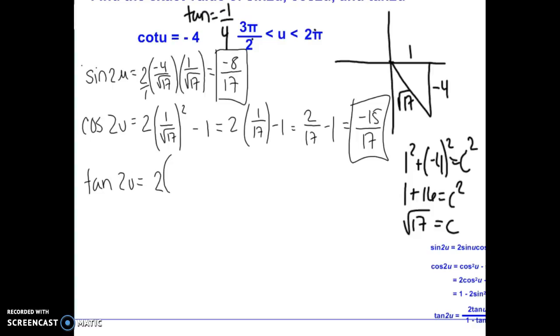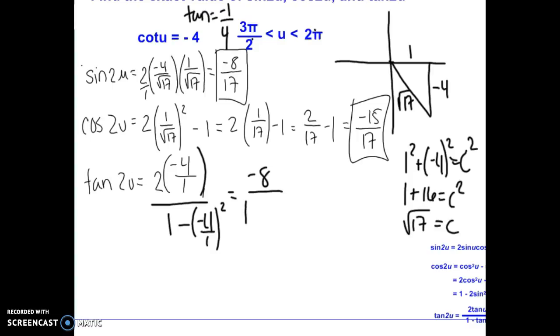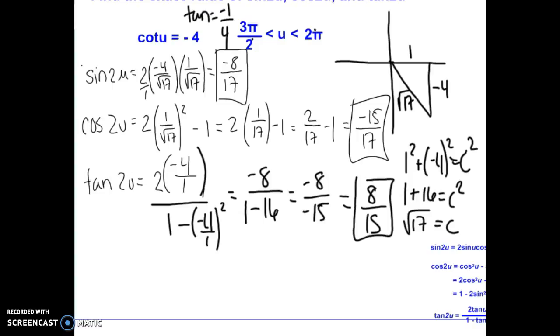The tangent is opposite over adjacent, negative 4 over 1, divided by 1 minus the tangent squared. So that gives me negative 8 over 1 minus 16, which is negative 8 over negative 15, which is 8/15. Hope you got it right.